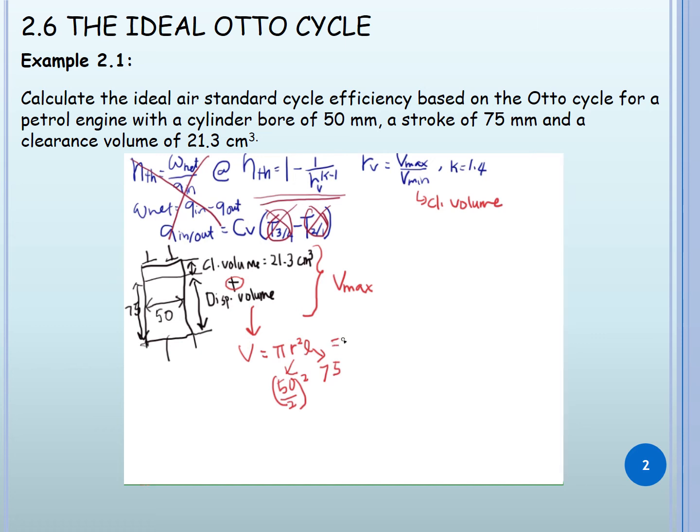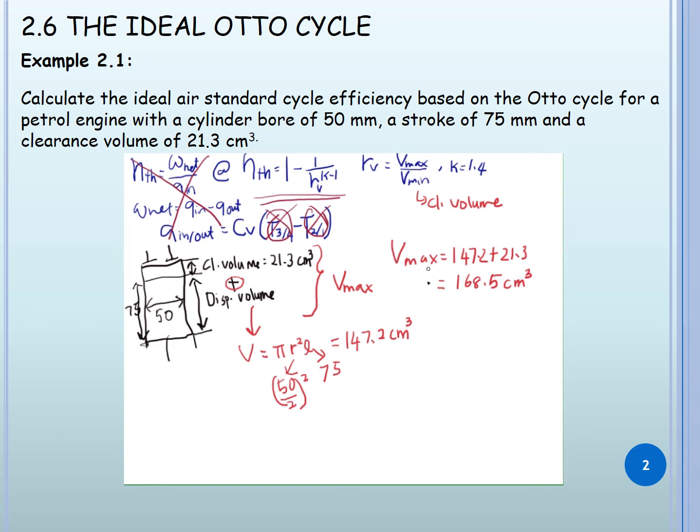If we substitute all the values and convert all to centimeter cubic, we will have 147.2 centimeter cubic. And then all we need to do is find the maximum volume. 147.2 plus 21.3, we will have 168.5 centimeter cubic.